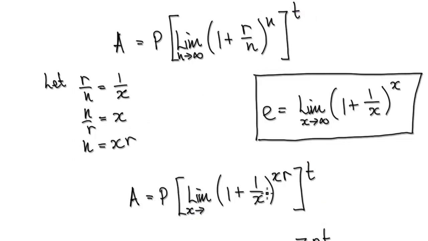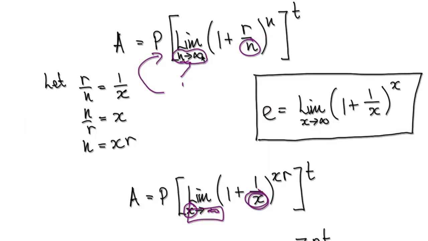But now, rather than looking at this thing here, we have a new bubble here. Up here n is heading towards infinity, but we are working in terms of a new bubble, this x here. When n heads towards infinity, what is happening to x down here? We need to think about this.